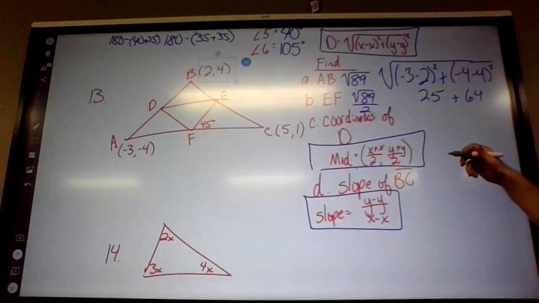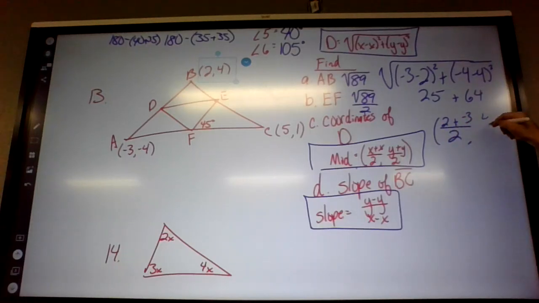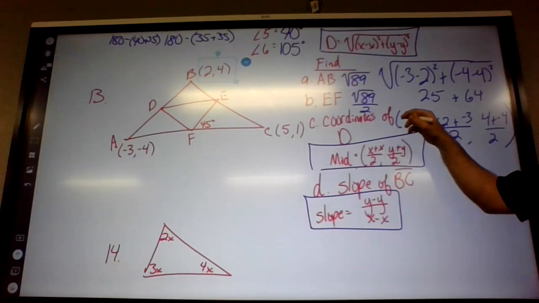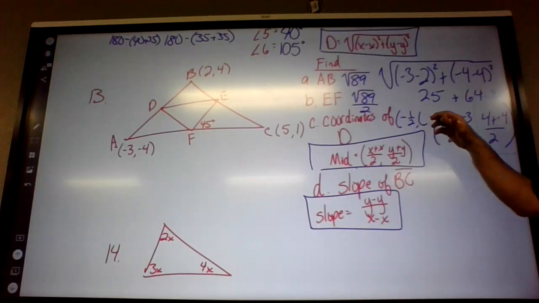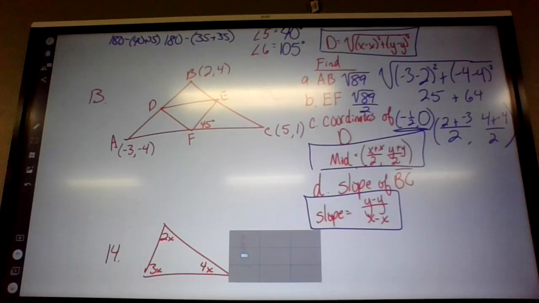So that would be 2 plus -3 over 2 and 4 plus -4 over 2. 2 plus -3 is -1, so this would be -1/2. 4 plus -4 is 0, divided by 2 is still 0. So that would be the final answer.